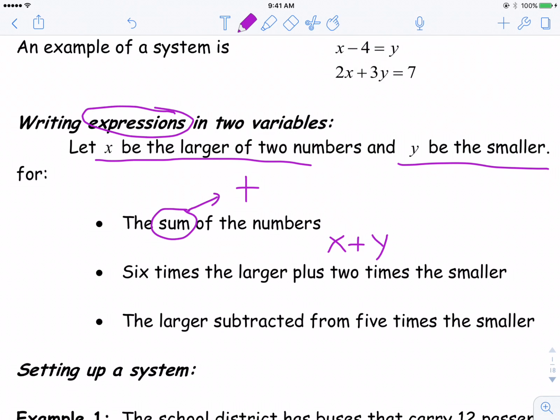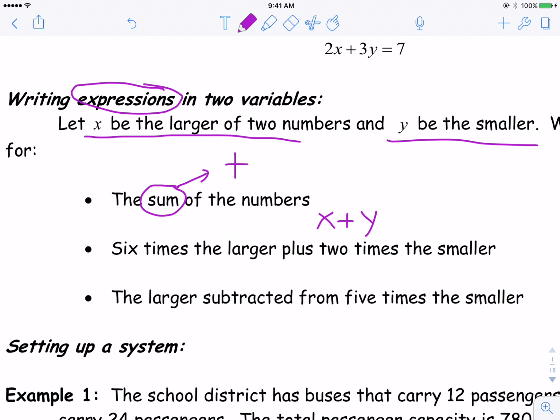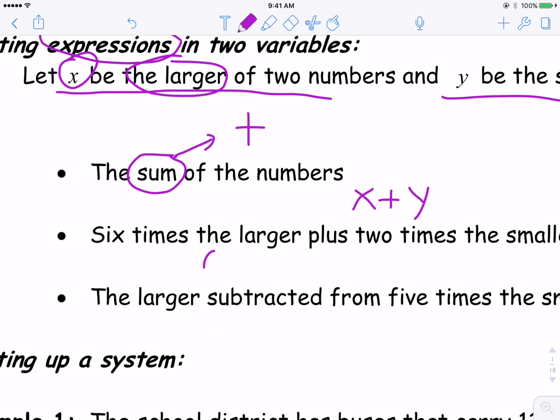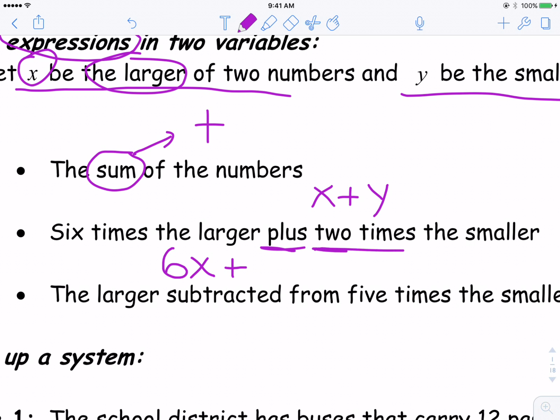Okay. The next one, 6 times the larger number plus 2 times the smaller. So the larger number is x. 6 times that larger number would be 6x. Plus, again, addition, plus 2 times the smaller number, 2y. So there's our expression that would represent 6 times the larger plus 2 times the smaller.